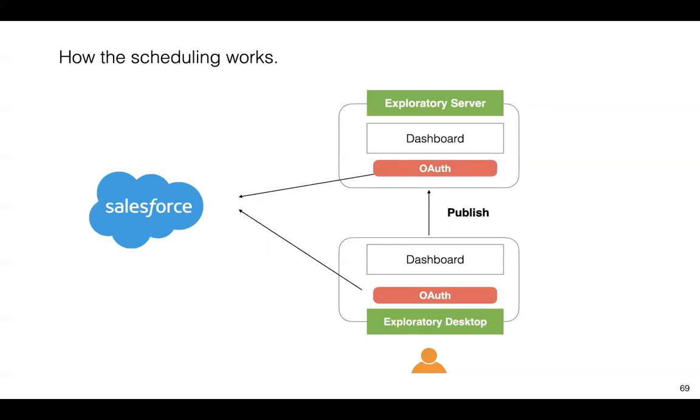In the Salesforce case, it is the OAuth, Open Authentication token information. Then the Exploratory server uses that information to access, in this case, Salesforce, to get the data. So that's why, on the server or the desktop, you basically have the same connection accessing the same data source, in this case, Salesforce.